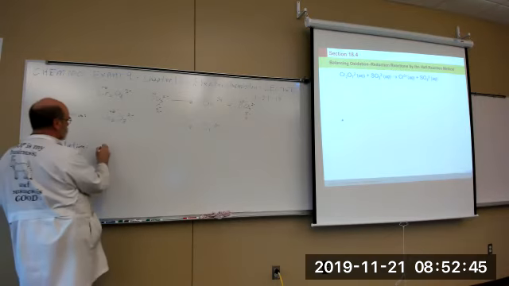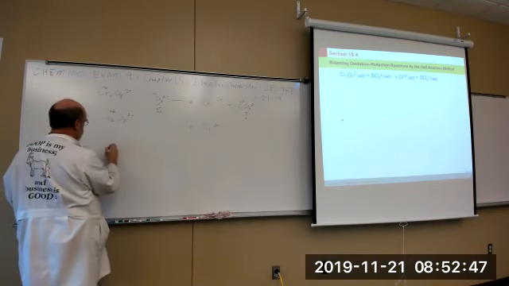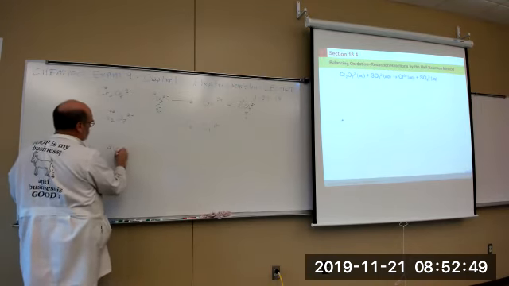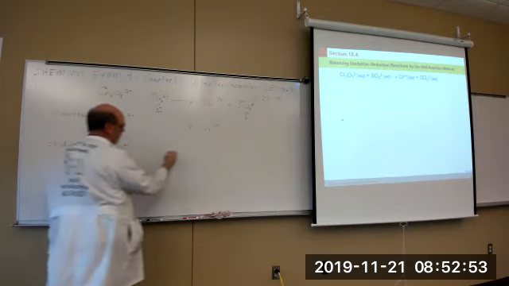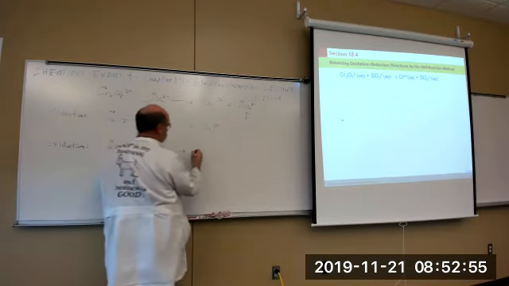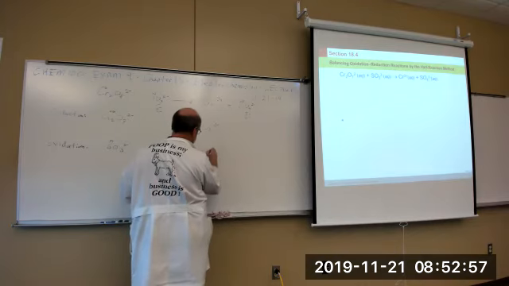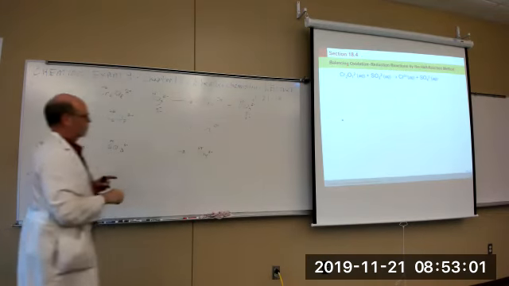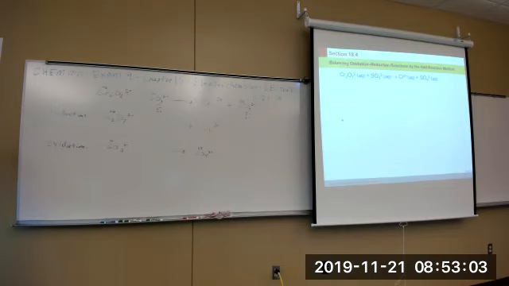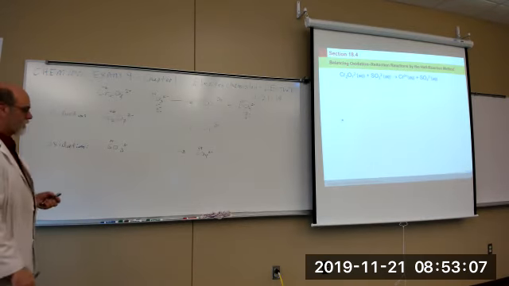Okay, so this one, the oxidation half reaction is sulfite with a 4 plus sulfur going to sulfate with a 6 plus oxidation state. Okay? So now, what's next?